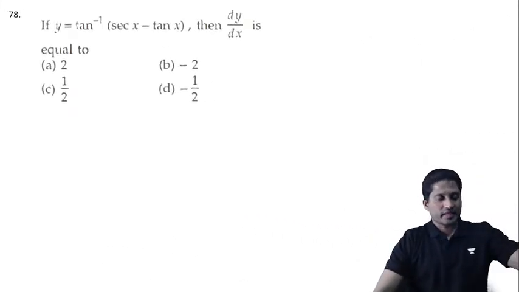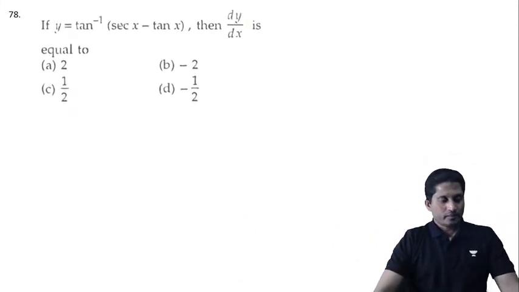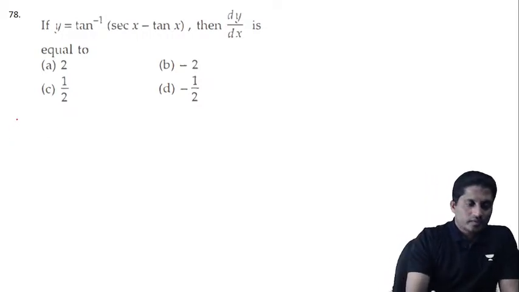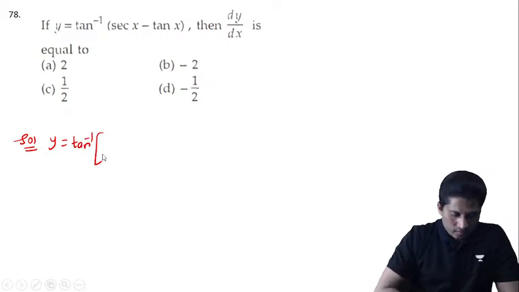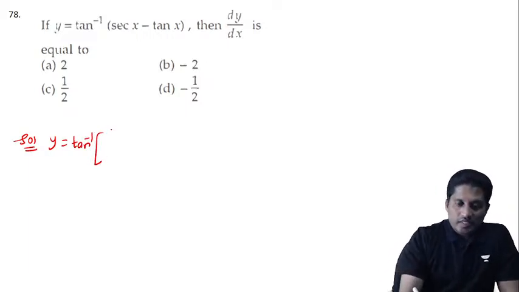Okay, question number 78. y equal to tan inverse of, sec can be written as 1 by cos and tan can be written as sin by cos.